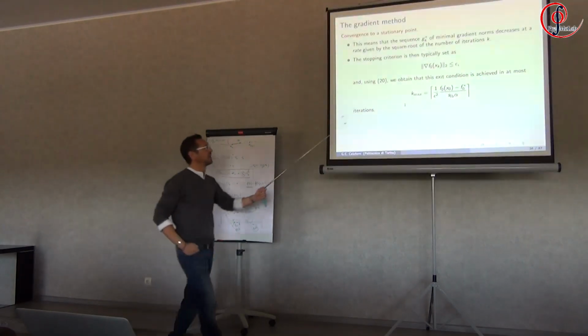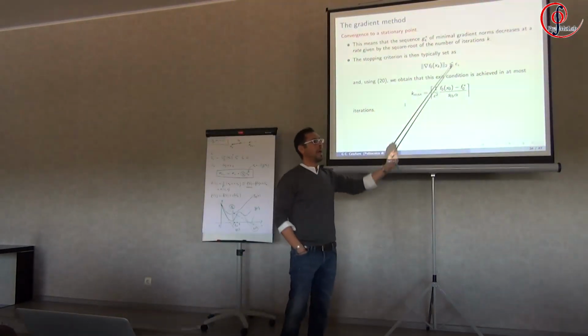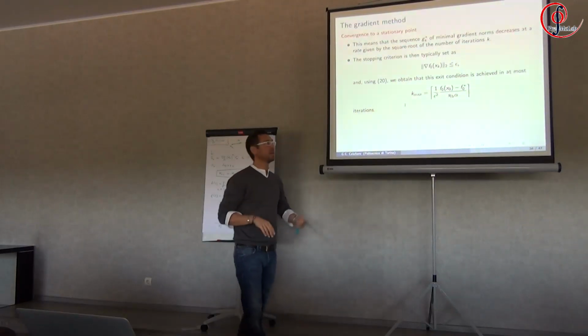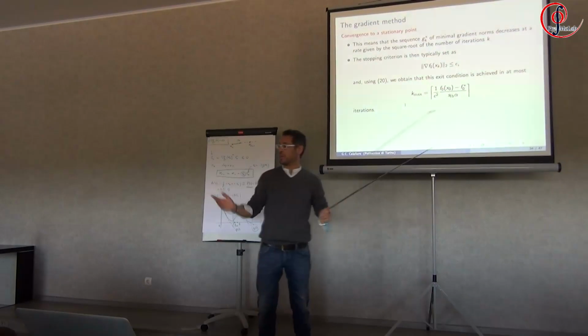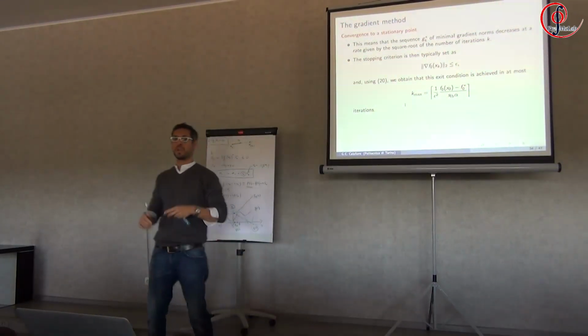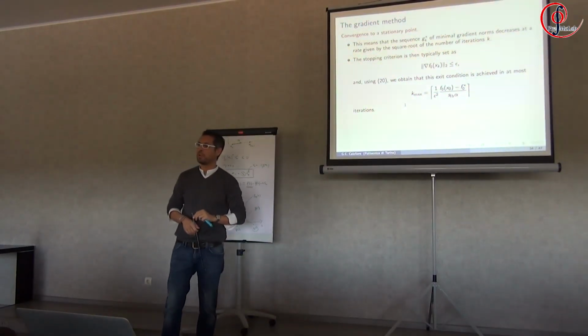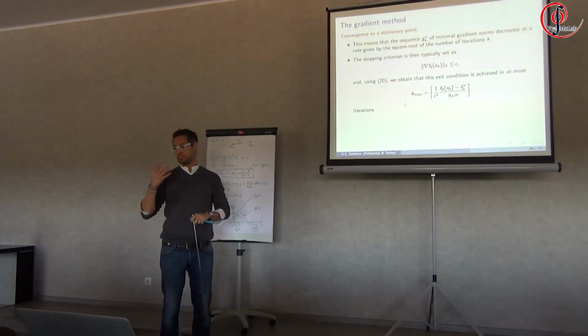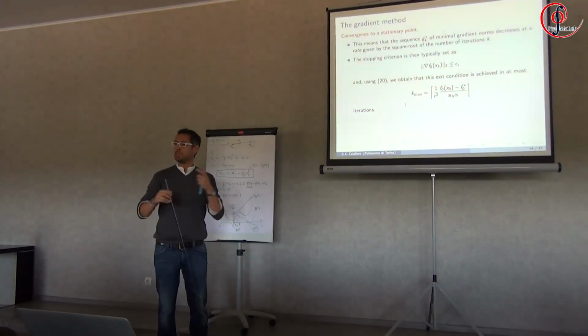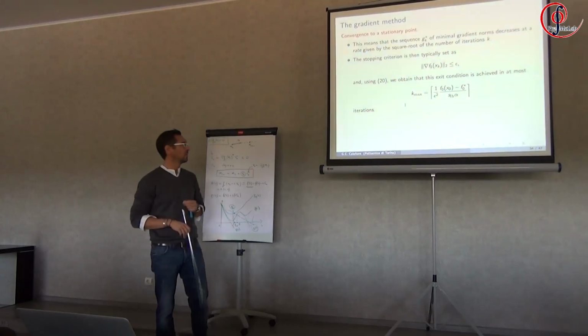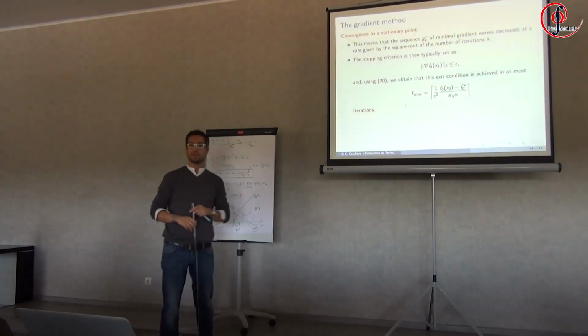But essentially we fix some epsilon, which is our tolerance, and when the norm of the gradient is below this tolerance, we say we are almost at the stationary point, up to accuracy or precision epsilon, where maybe you take epsilon equal to 10 to the minus 8 or 10 to the minus 6.